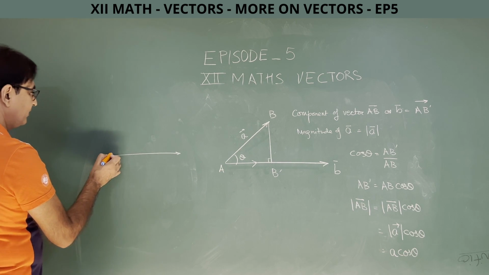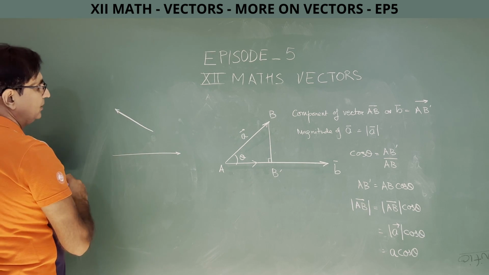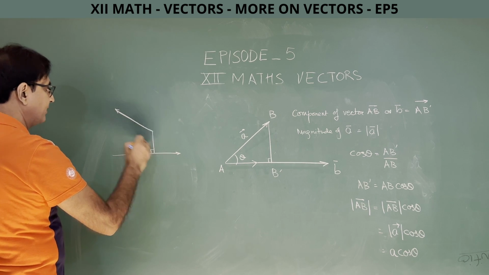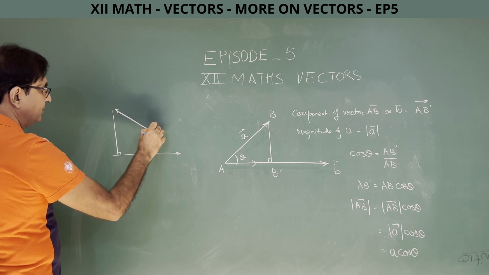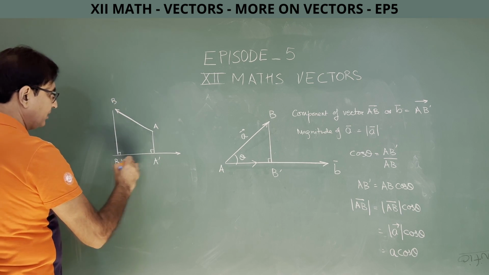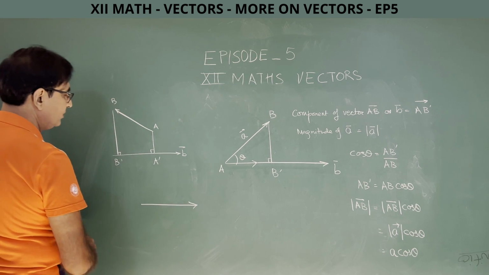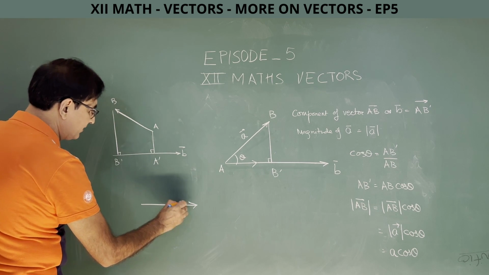This is one, okay, and this is another vector. Now if you drop your anchor here and here, so direction will be opposite to that of vector B. So if I redraw my diagram like this, okay, and let me draw my vector here.